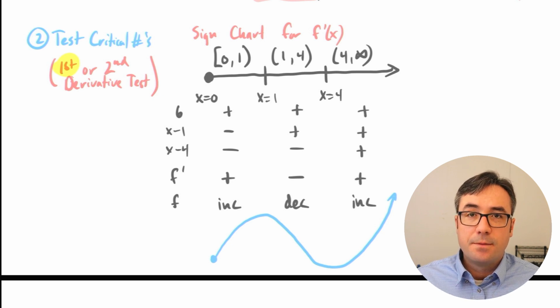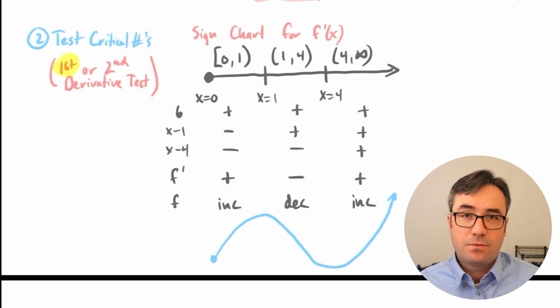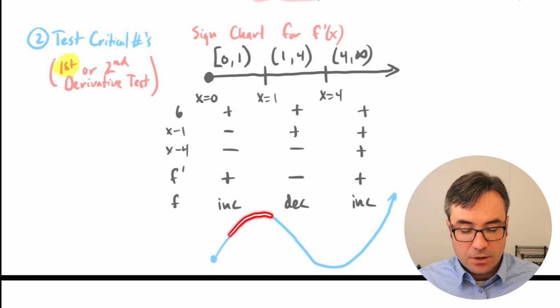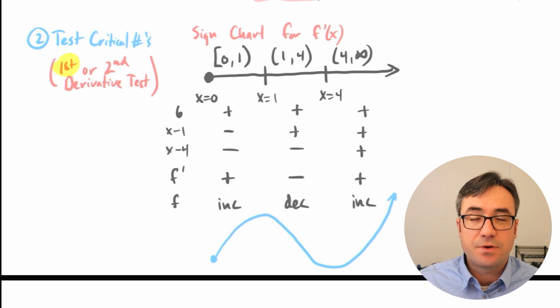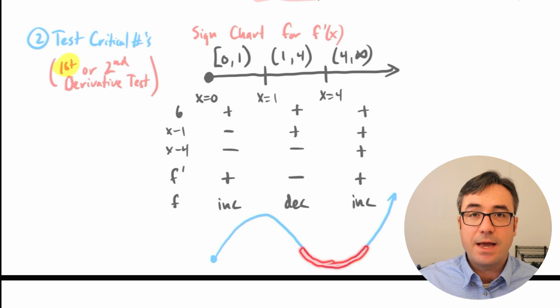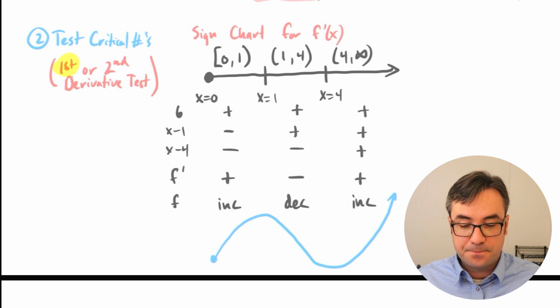And so the first derivative test, if we sketch in what our graph looks like, says not only does it look like we're going to have a max here when we switch from increasing to decreasing, but we actually do. And same thing here. It looks like we're going to have a low point, and we actually do have a local min.